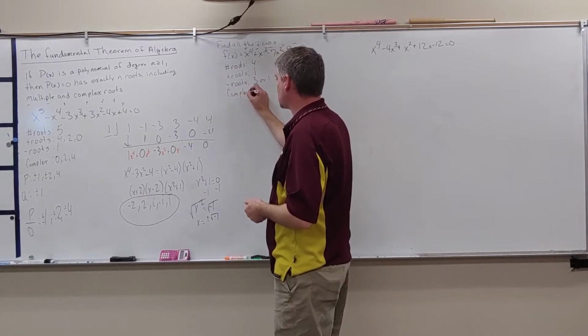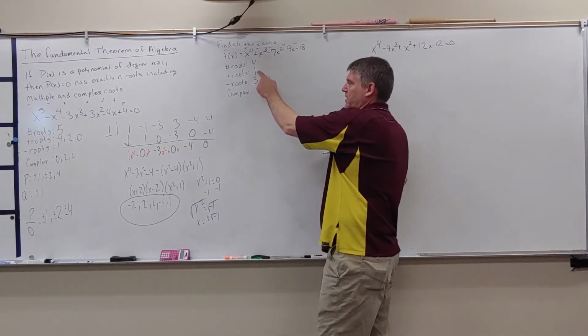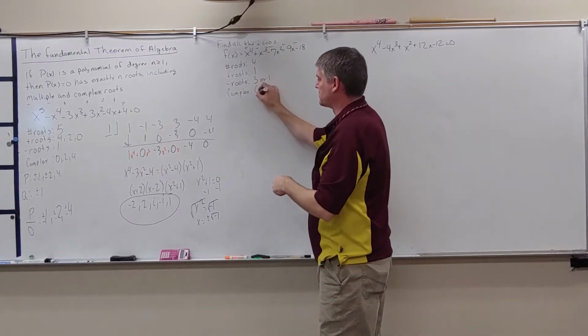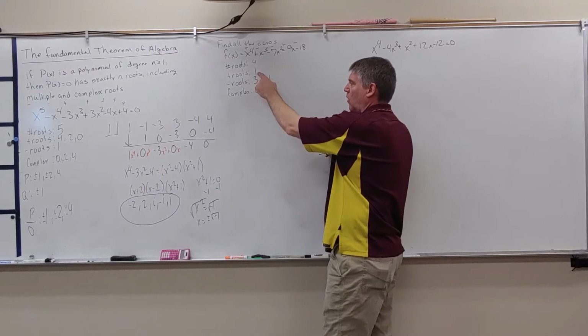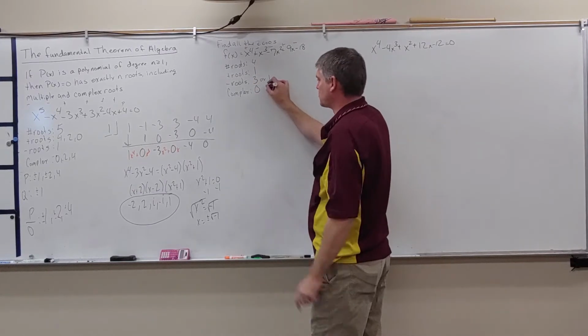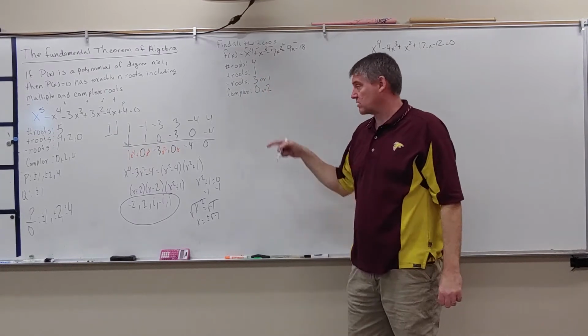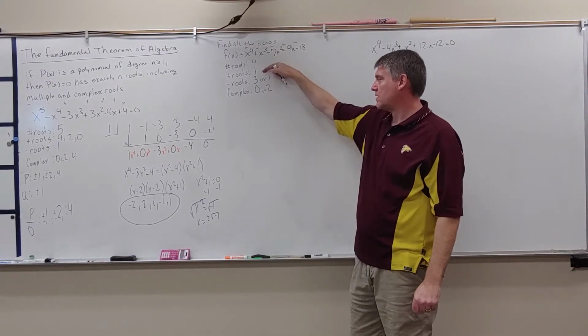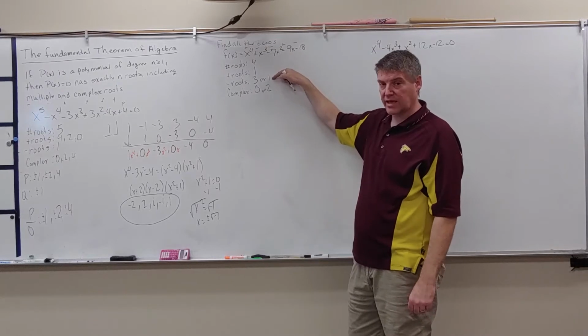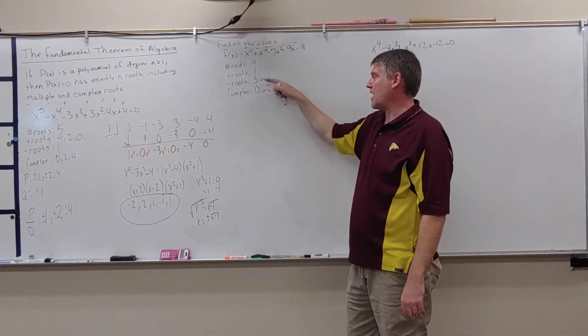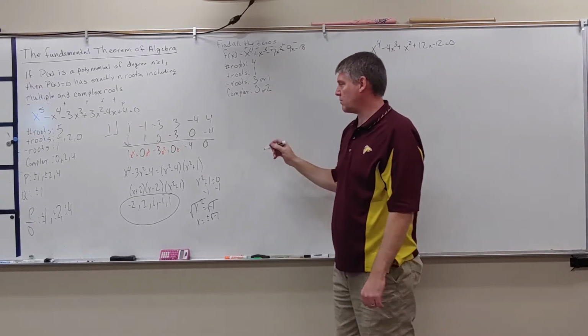Complex, 1 plus 3 plus 0 equals 4. 1 plus 1 plus 2 equals 4. So I know I have some combination here. So I know I have 1 positive, at least 1 negative, and then I might have 0 or 2 complex.